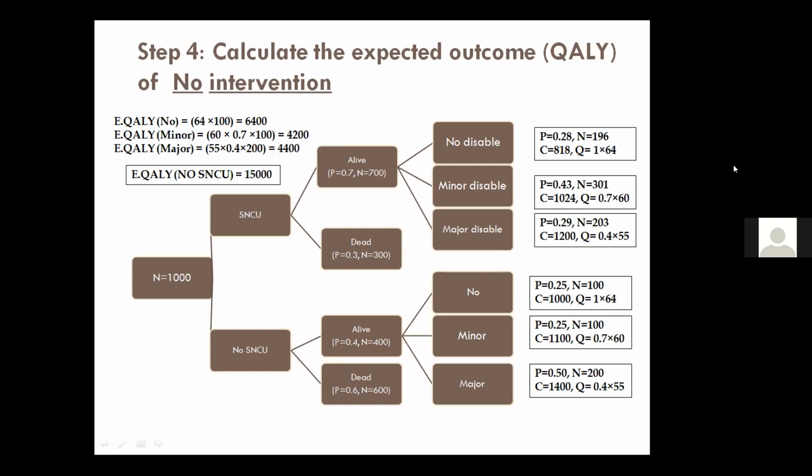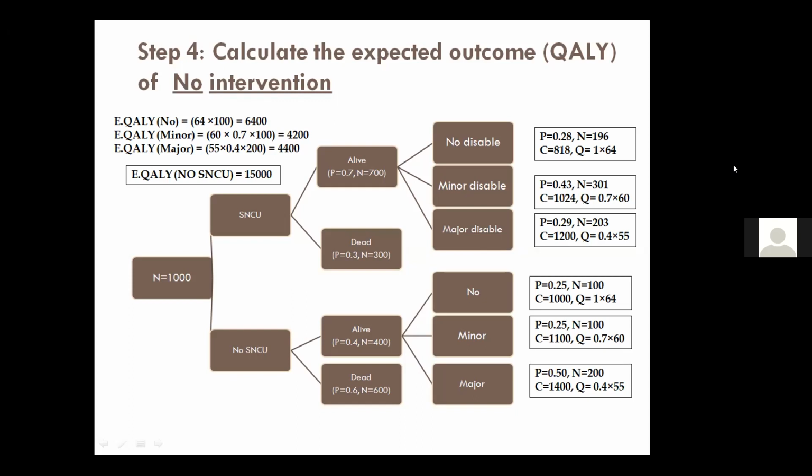That means if the child lives 1 year, he or she will live 1 perfect healthy year. Whereas with minor disability, we have assumed utility equal to 0.7. That is, she will live, but only 70%. And then if it is a major disability, then it will be 40%.